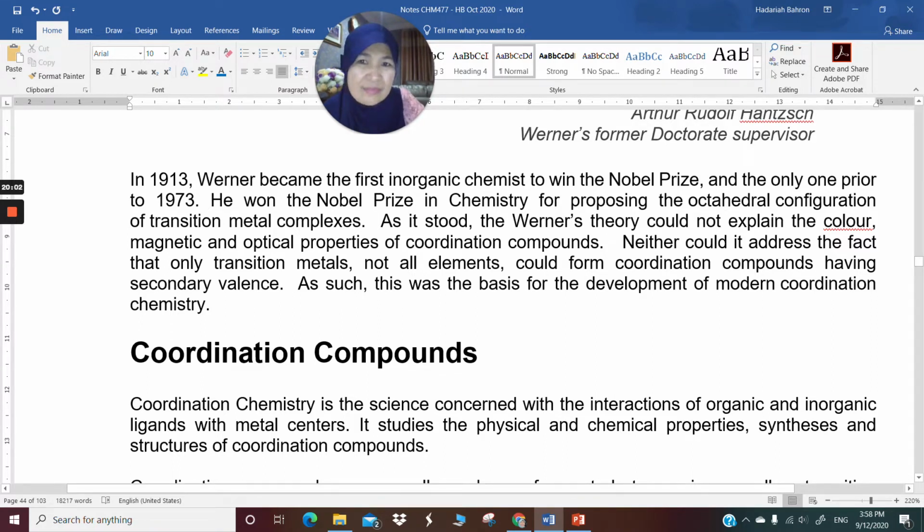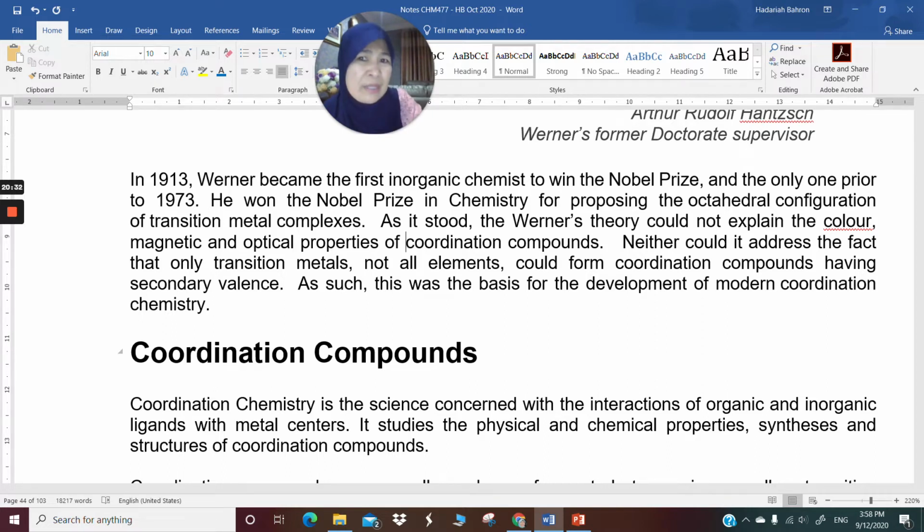But amazing as it was, Werner's theory could still not explain the color, the magnetic, and the optical properties of coordination compounds. It is able to explain the chemical properties, why the cobalt is making a bond with ammonia despite already being stable.